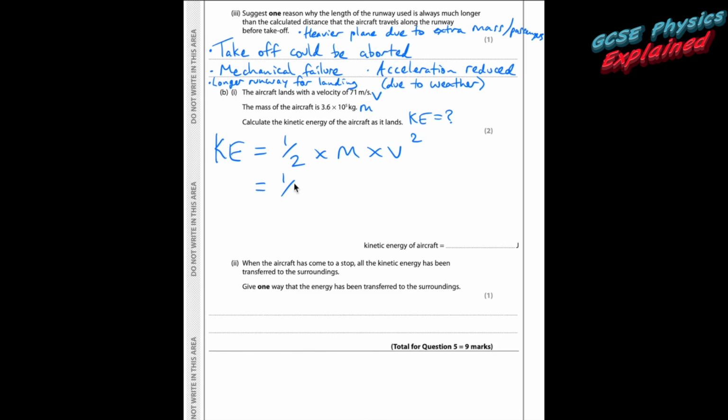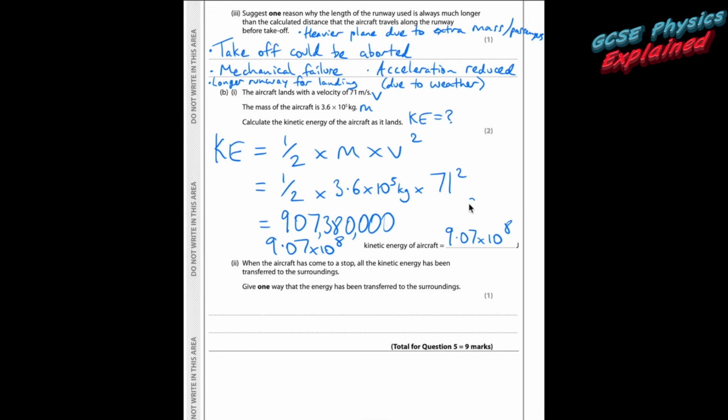Pop the numbers in, and that equals 90738000, which is 9.07 times 10 to the 8. Or you could say 9.1 times 10 to the 8. That's fine as well.